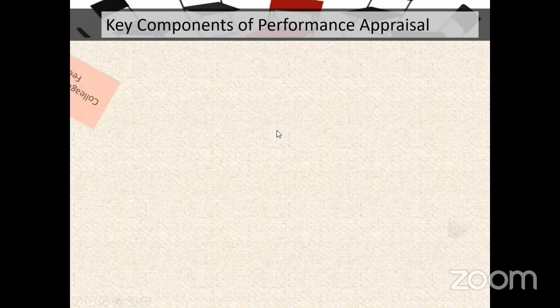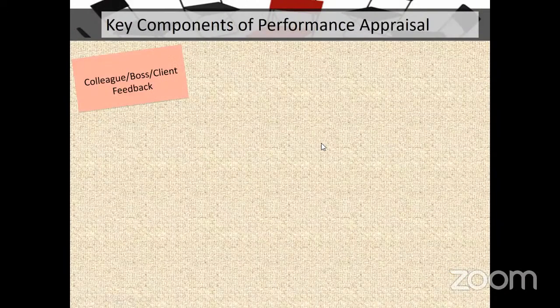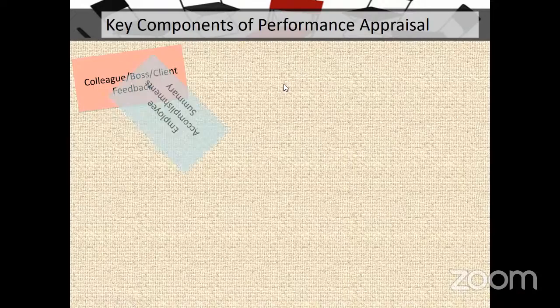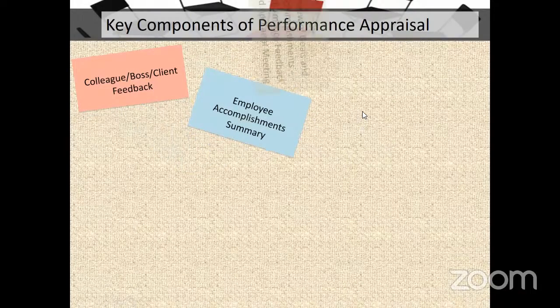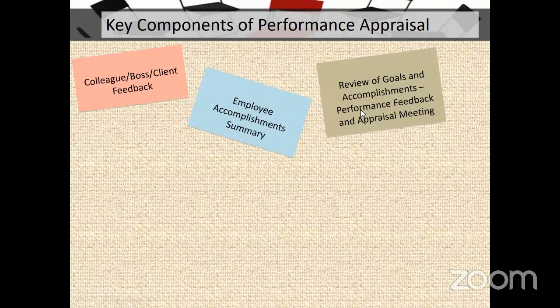So as we progress, it's good for us, as we summarize on that, to understand the key components of performance appraisal. And I believe this is more of what I've just been talking about. So like we can see, we have the colleague and client feedback. This is what in terms of appraisal, you want feedback. Everybody wants to know how I performed. What do my colleagues think about it? What do the clients say?